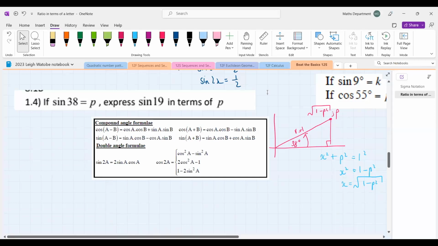Yes, Eagle, go for it. I used the double angle. I said sine 2 times 19. I found that 2 sine 19 times cos 19, where sine 19 is equal to P. So then I just transpose P and I have 2P cos 19.